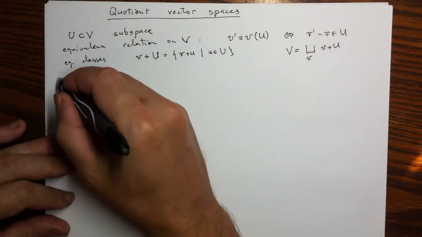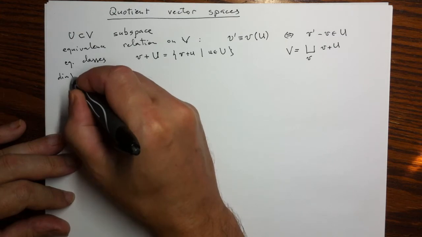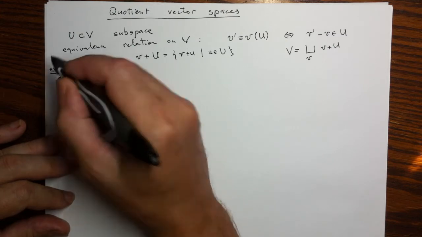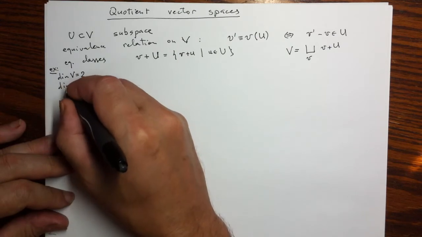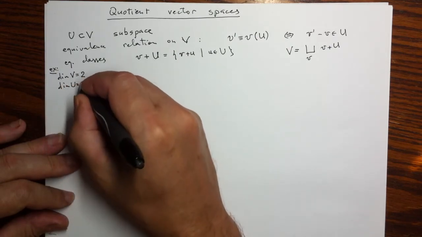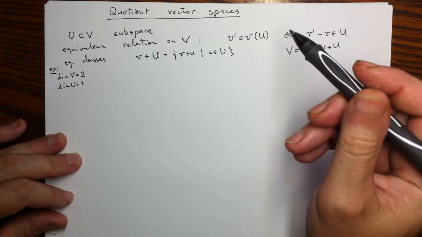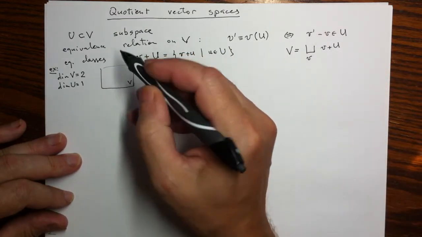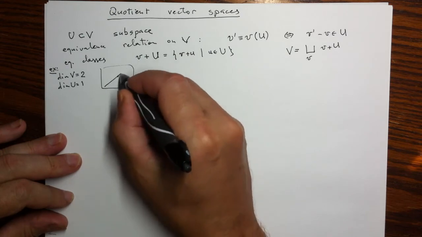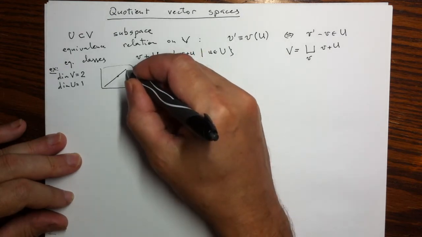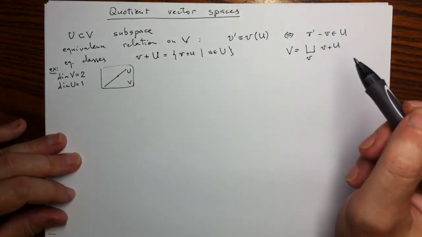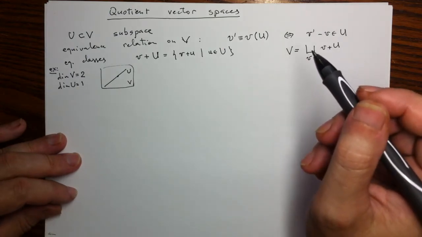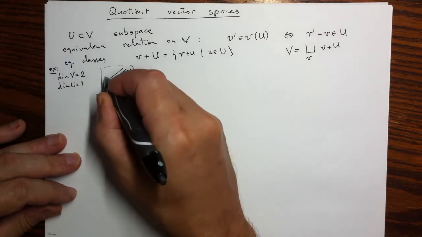Imagine that V is dimension 2, and the subspace is dimension 1. Geometrically I can imagine the plane, visualizing my V, and a line through the origin, which is my U. And equivalence classes in this case will be geometrically lines parallel to U.